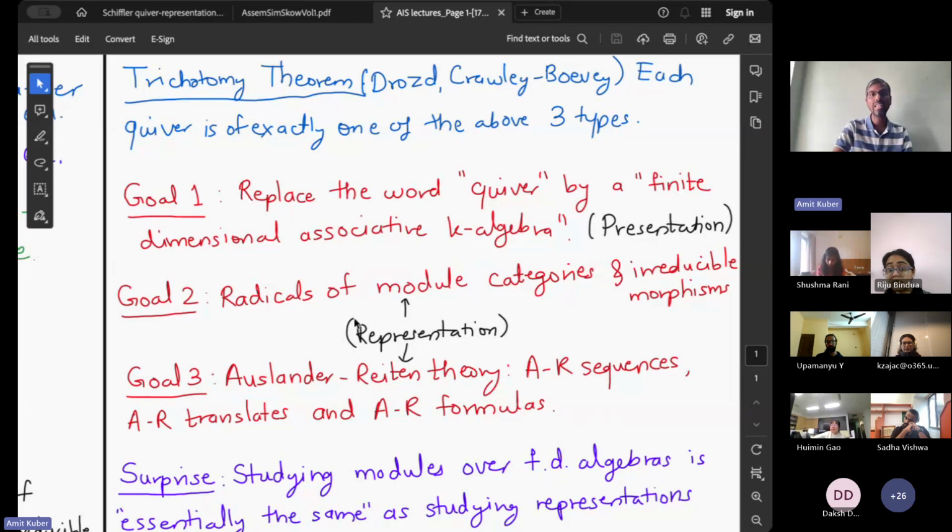Here there is the concept of an almost split sequence. If you know what a short exact sequence is, then short exact sequences are always the best. You understand everything about them. If you just know one or two terms, then you understand everything about them.